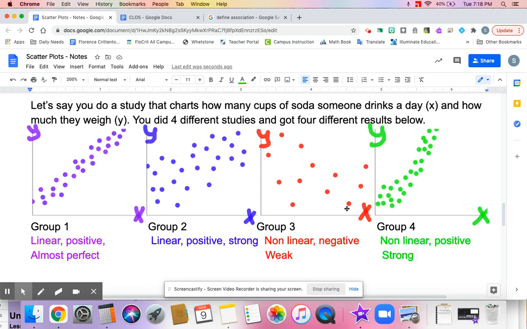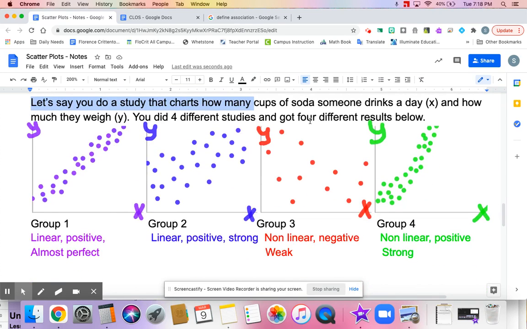So now that we've identified them, let's talk about what it's saying about the data, about how many cups of soda you're drinking and how much you weigh. In group 1, as X is going up, meaning more soda, because X is the soda part, the dots are going up.